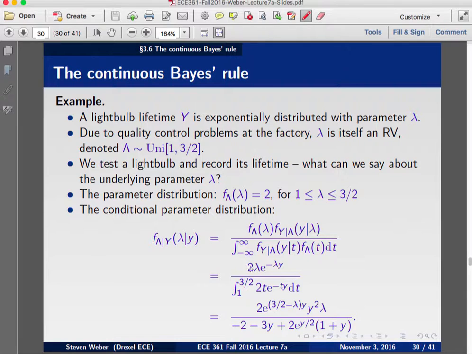So we plug in the 2 for the uniform and lambda e to the minus lambda y for the exponential distribution. And down here we're integrating over all possible values of lambda going from 1 to 3/2. We plug in the conditional distribution and the uniform distribution, and we get the following expression, which is a function of lambda and y.